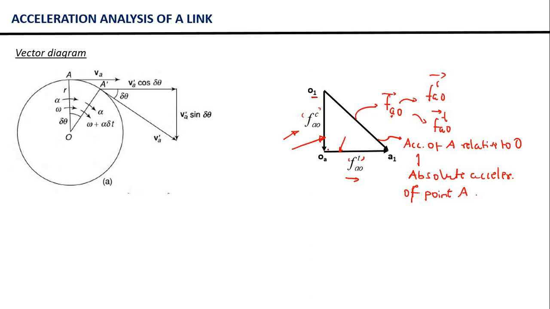And this intermediate point can be denoted with the alphabets OA. So this is simply the acceleration of A relative to O, or you can write this something like this, AO. This rests upon the convenience of the user, which notation he wants to follow.